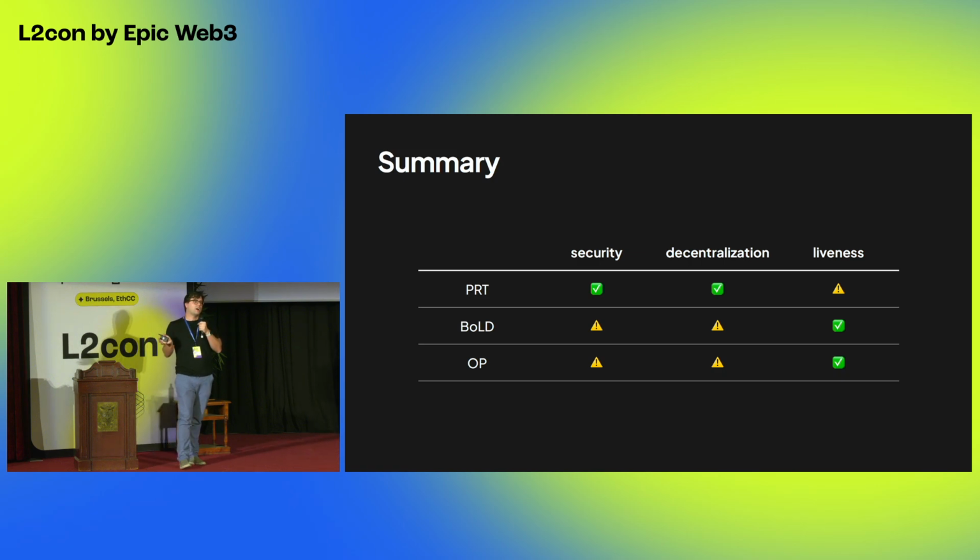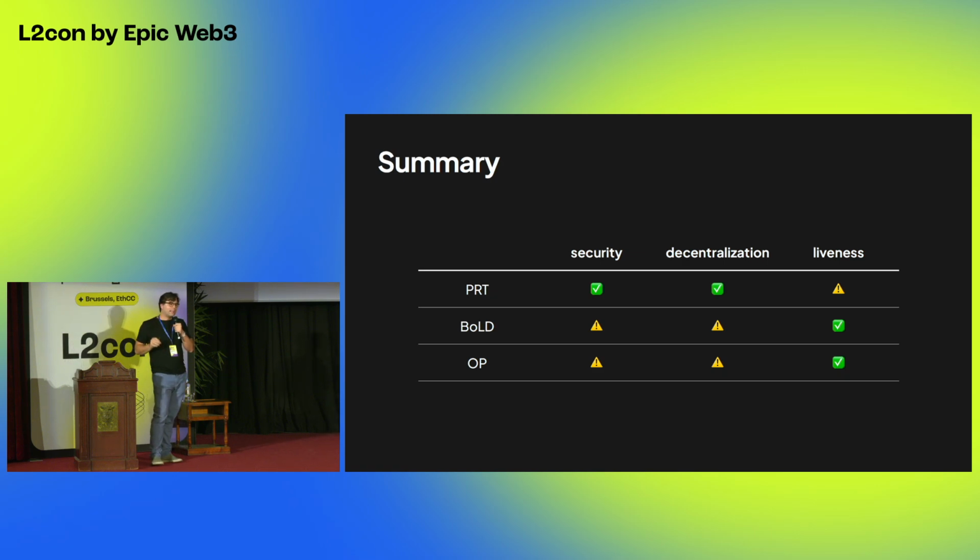So, that's the trade-off we took. BoLD and Optimism took a more parallel high-level approach that I talked about before, which makes sense because they're large, they have a lot of money, so they can afford supercomputers and higher stakes. They really optimized for liveness, but ended up losing a bit of security and decentralization, also in different ways. So it looks like they're the same from this table, and I don't want to give that impression.